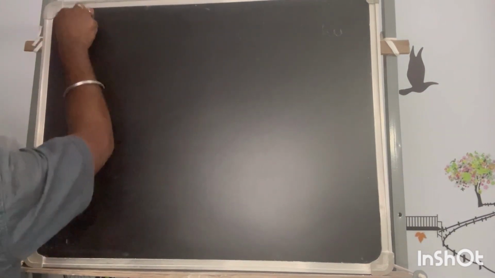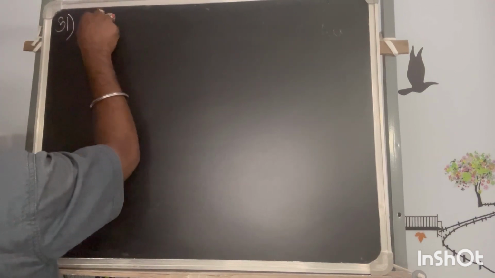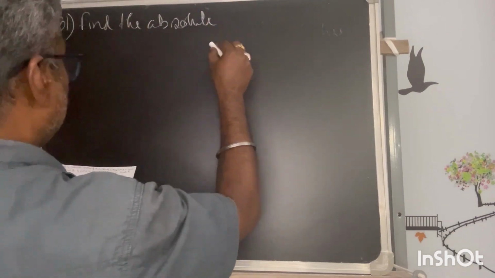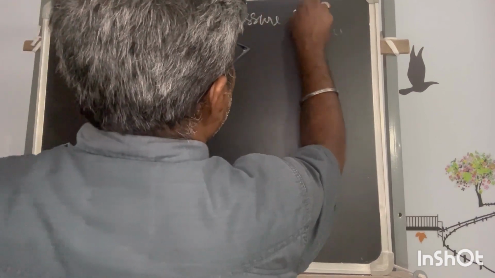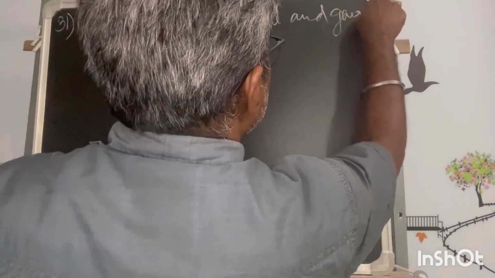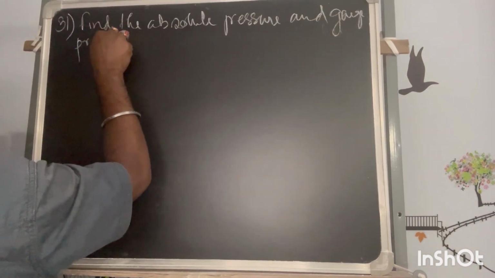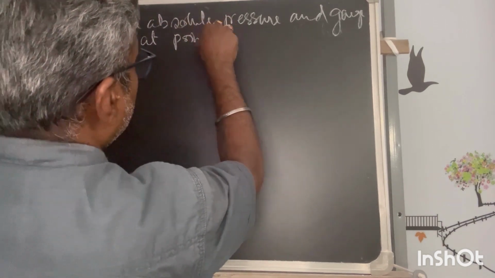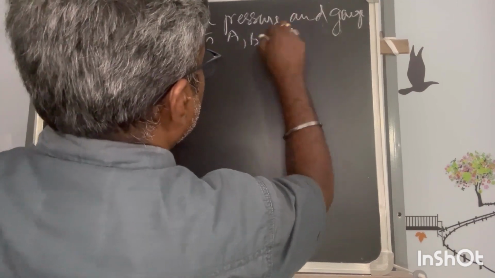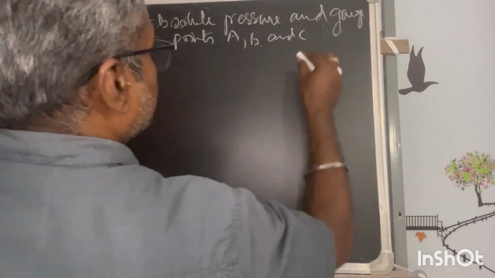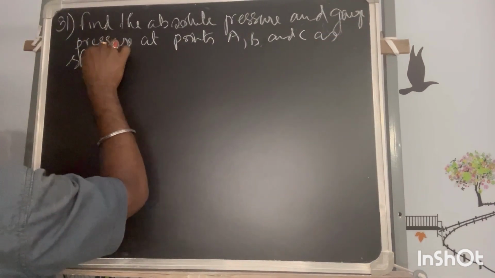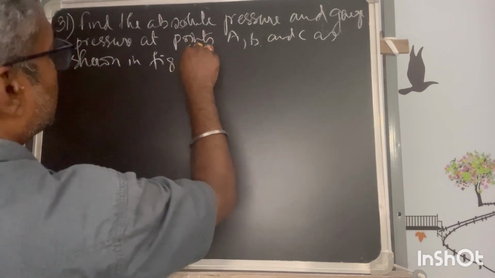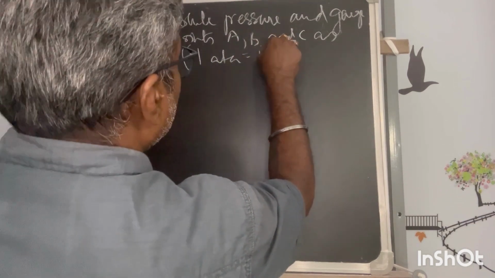It says: find the absolute pressure and gauge pressure at points A, B and C as shown in the figure, given 1 atm is equal to 10 to the power 5 Pascal.